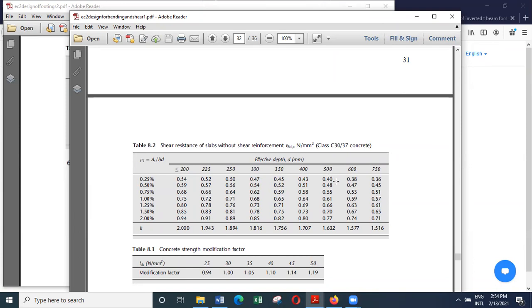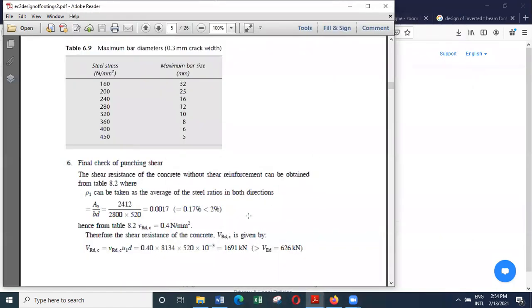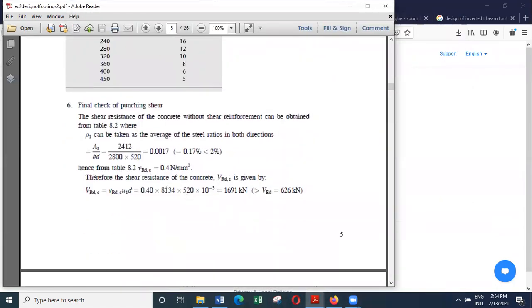So a value slightly less than 0.4 is there. What is used is 0.4, and so the shear resistance will be 0.4 newtons per millimeter squared.